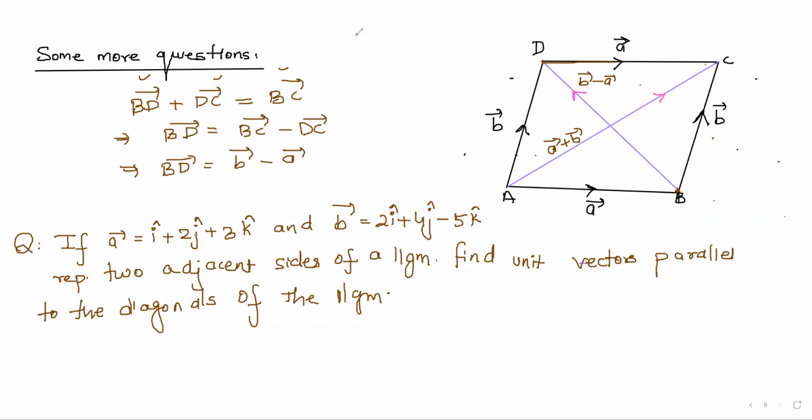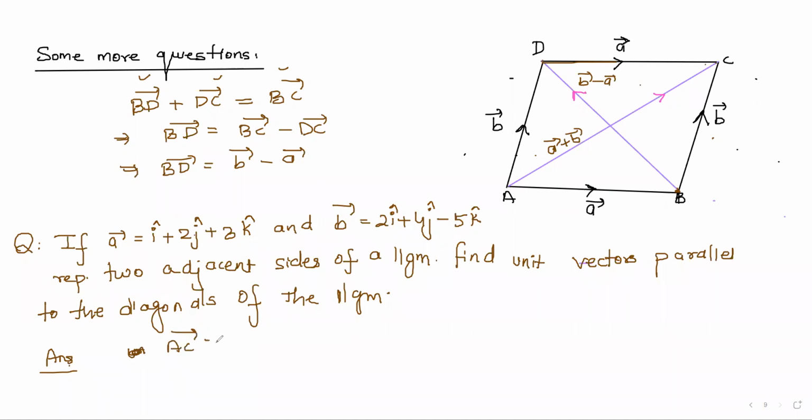I plus 2j. No, that's not correct. No, no, that's not correct. Again, please check the calculation. I will write the answer. Okay, unit vector along AC. So first I will write AC.